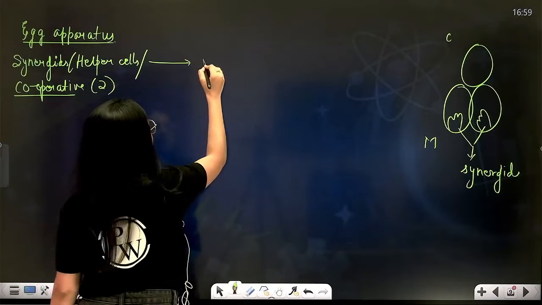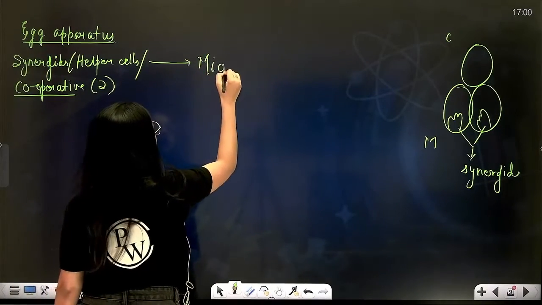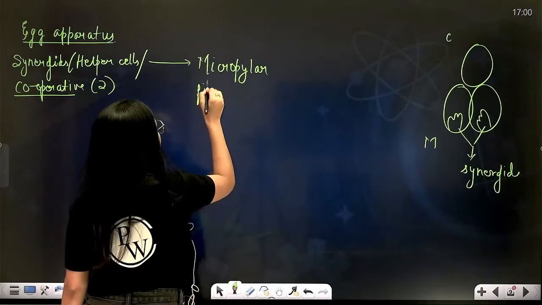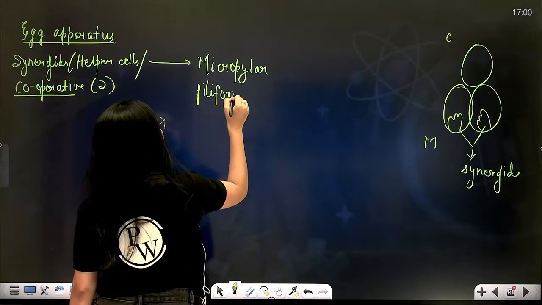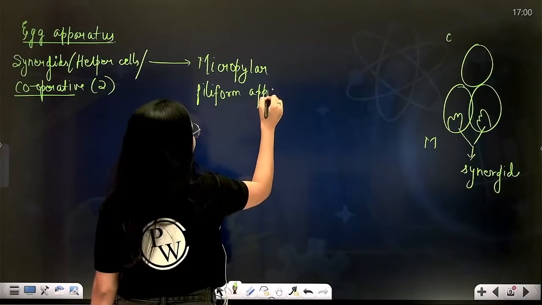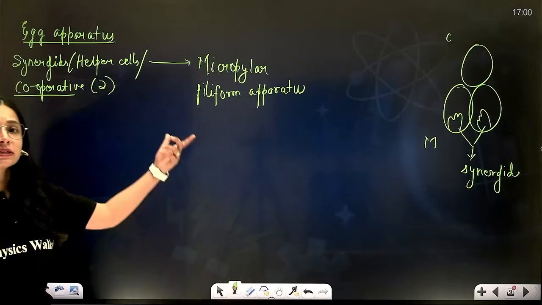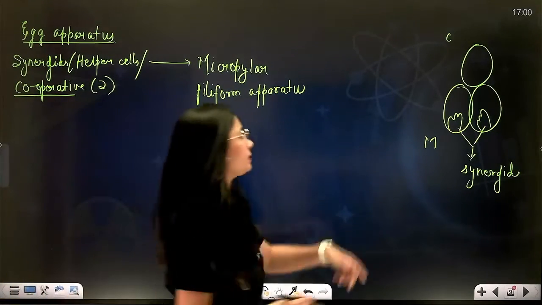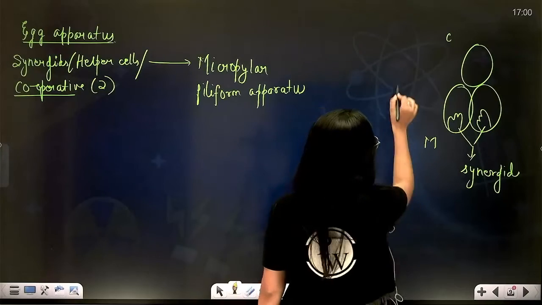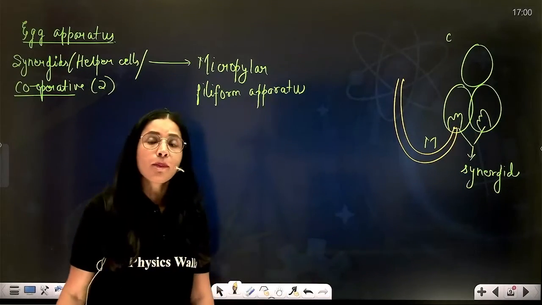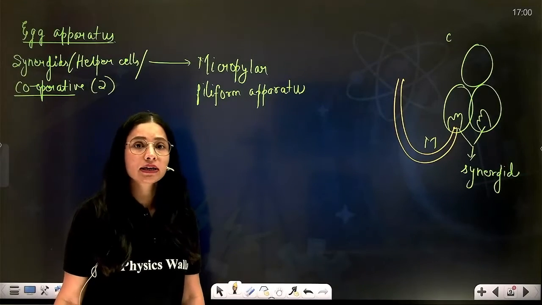So, they possess, first point, a micropylar filiform apparatus. What is the role? When the pollen tube comes, this filiform apparatus will help in the entry of the pollen tube, when the right time comes.